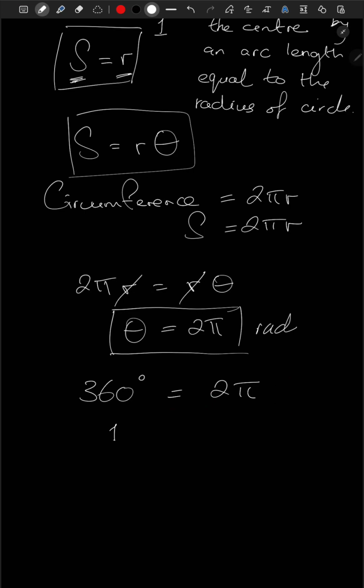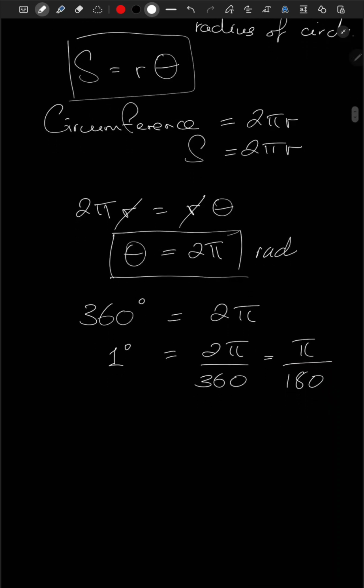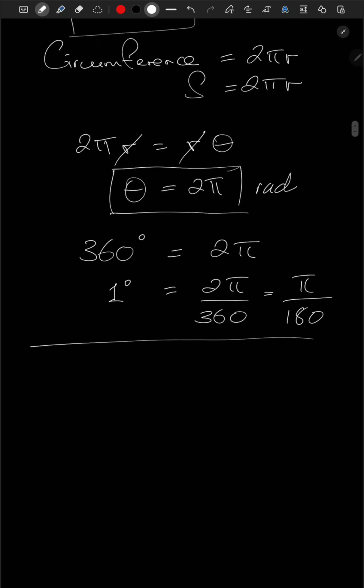So if I want to find 1 degree, it is 2 pi divided by 360, which is pi over 180. So 1 degree is equivalent to pi over 180 radian. So you can convert from degrees to radian and from radian to degrees.